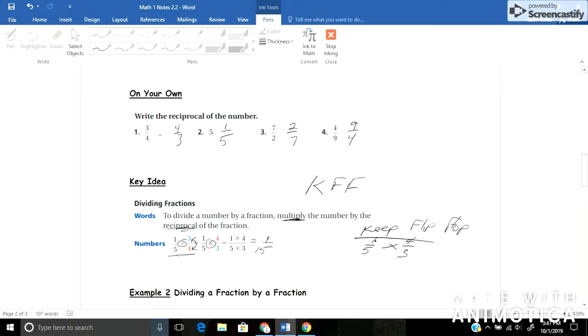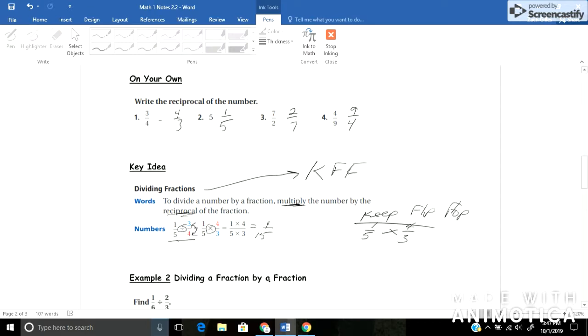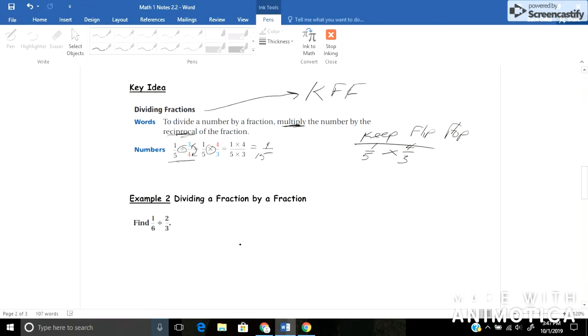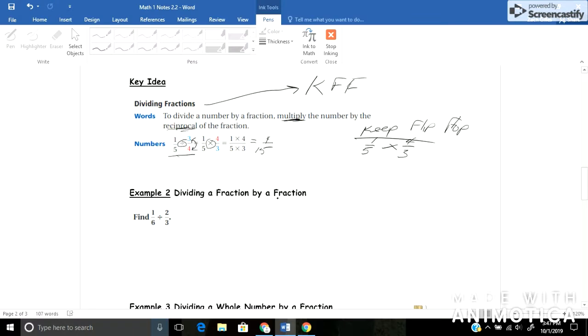Okay, keep, flip, flop is the way I remember how to divide fractions. KFF, keep, flip, flop. Okay, let's try that with an example. When we divide a fraction by a fraction, it says find 1/6 divided by 2/3. Okay, sometimes it's actually even helpful for me to write KFF right above my problem.